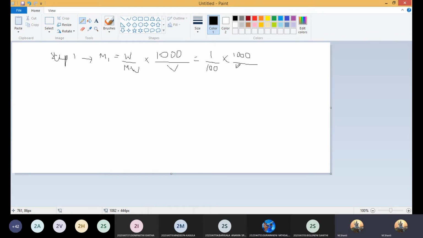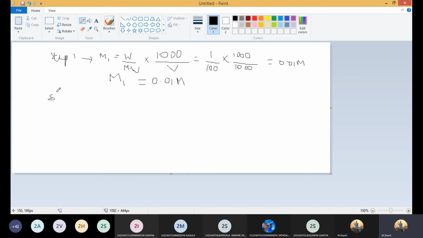So 1 liter means how many ml? 1000 ml. Okay. So this is equal to how much molarity? 10 power minus 2. So this is 0.01 molar. So this is your M1. So M1 value equal to 0.01 molar. So this is the step 1.